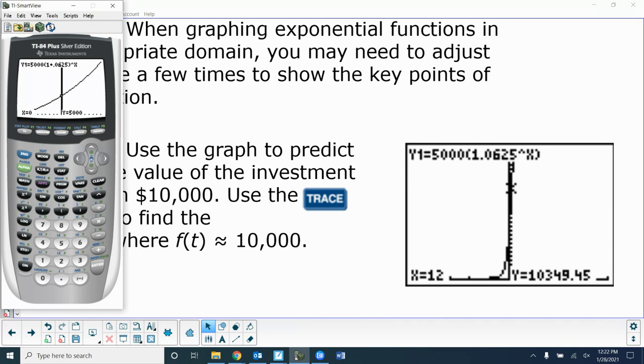Hit your right arrow key and watch the y values get bigger until you get to 10,000. If I hold it down, it gets crazy. 11.489 something. If we wanted to be more accurate, we'd probably put 11 and a half, 11.5.